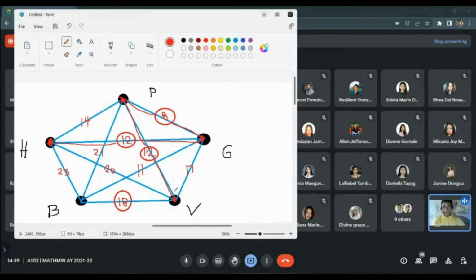Okay. And then lastly, to complete our circuit, bawal na siyang magwalwal. Diretso uwi na. Susan can now return to her home. This is a Hamiltonian circuit using the greedy algorithm.